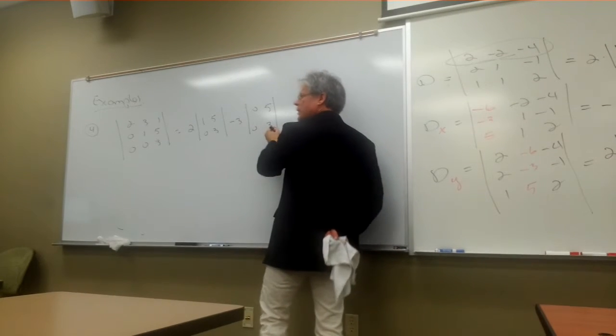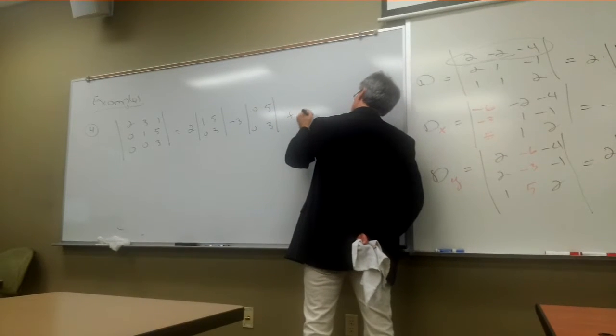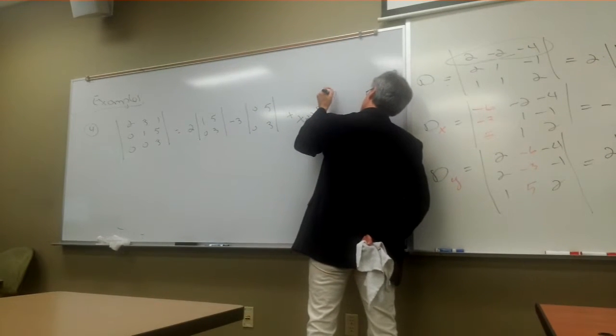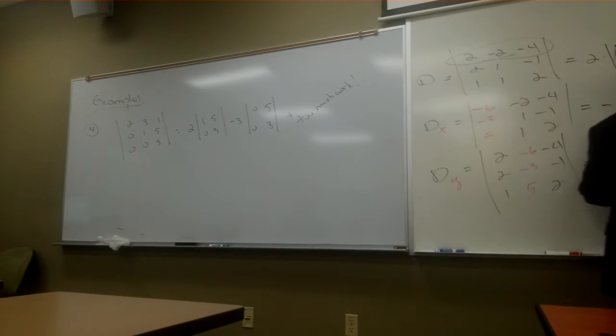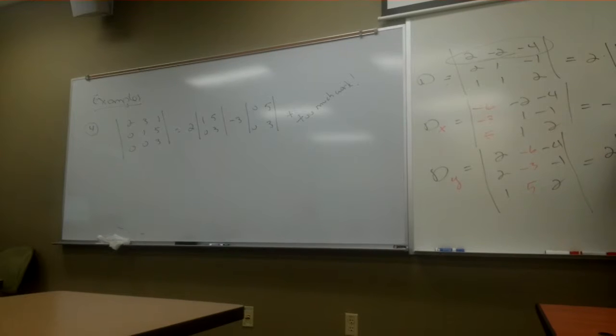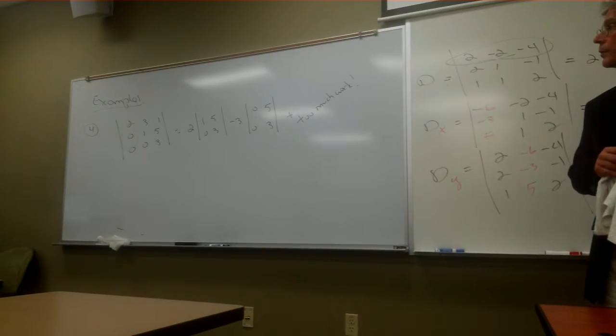I'm losing track of where I'm at. Can you tell me what's next? Plus 1 times the determinant of that last 2 by 2, which is 0.